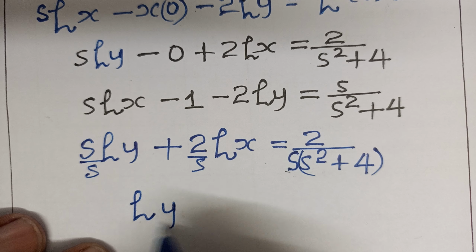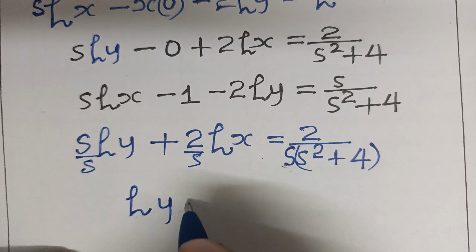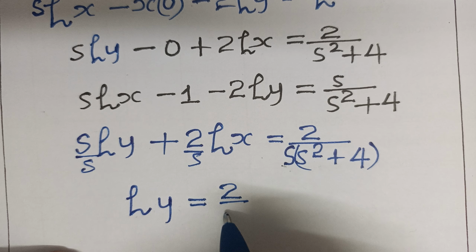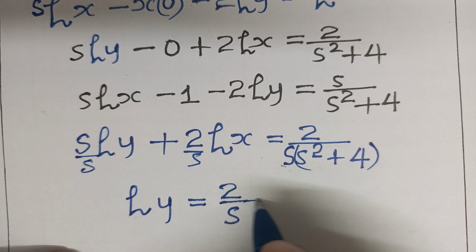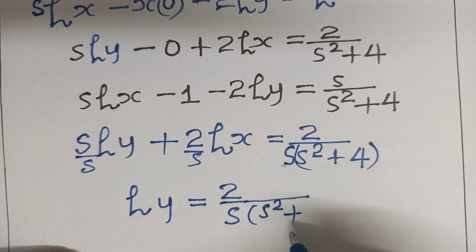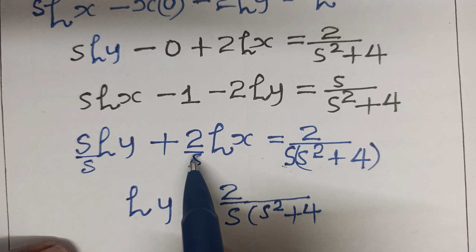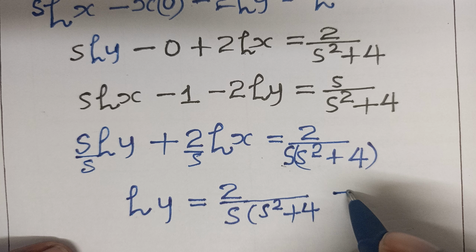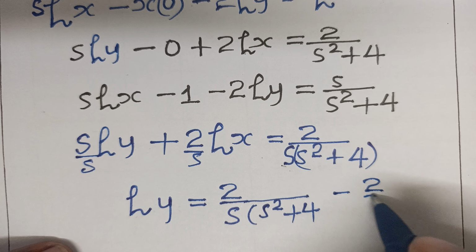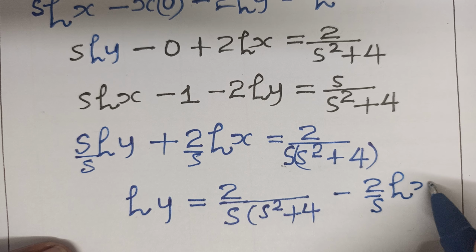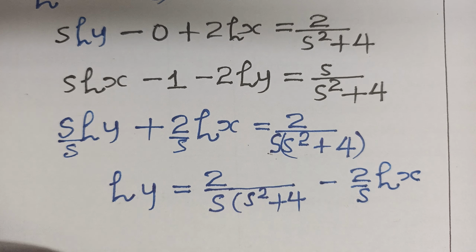That is, Laplace transform of y equals 2 all over s squared plus 4, and then I take this one to the other side, which means it will be minus 2 all over s Laplace transform of x, like that.